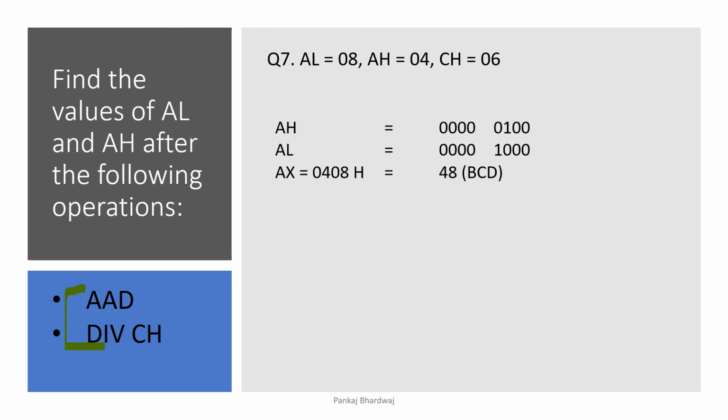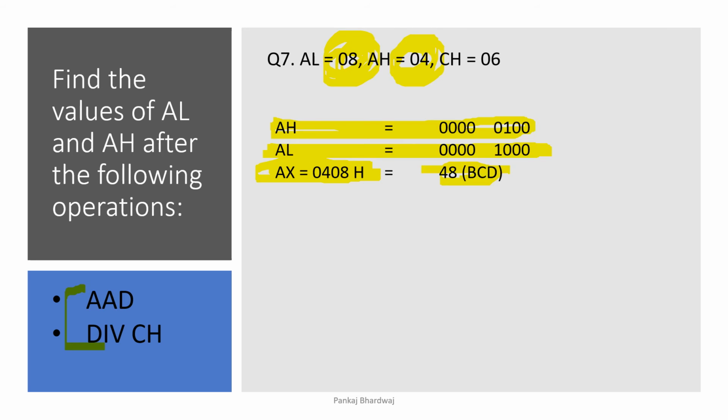Here is the example. AL equals 00001000, that is 8, and AH equals 04, that is 00000100, and that number AX is basically 0408. 04 is AH, and 08 is AL. So the number is 04 and 08, that is 48 BCD.